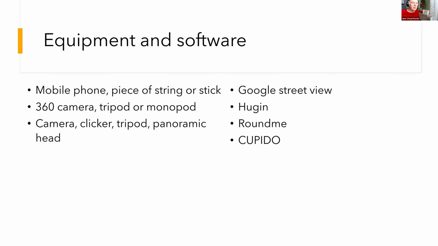Google Street View will help you with the mobile phone. Hugin is a free panoramic stitching software, and it's available on all platforms: Windows, Mac OS, and Linux.